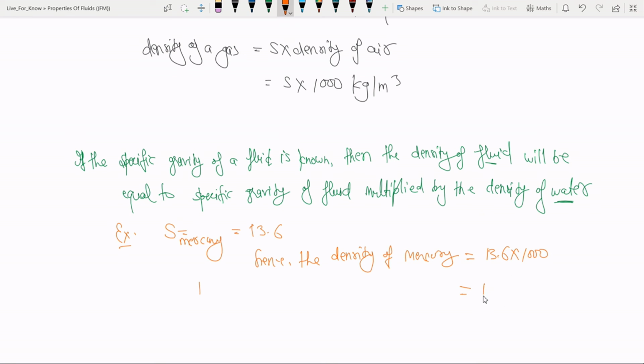So I get 13600 kilogram per meter cube. It is the density of mercury.